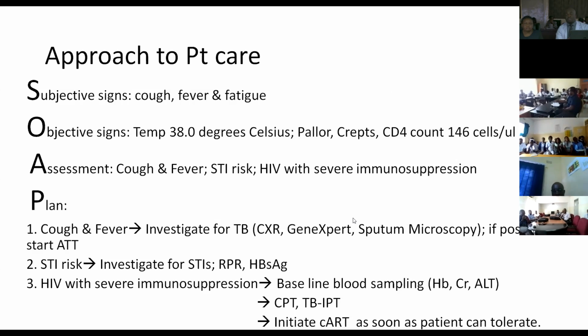So that is one of the things we should take care to note, that when a patient tests positive to TB screen, please don't start the TB isoniazid preventive therapy because they are potential candidates for ATT. All right, then you initiate ART as soon as the patient can tolerate it because of the severe immunosuppression. That is if you start treating for ATT.